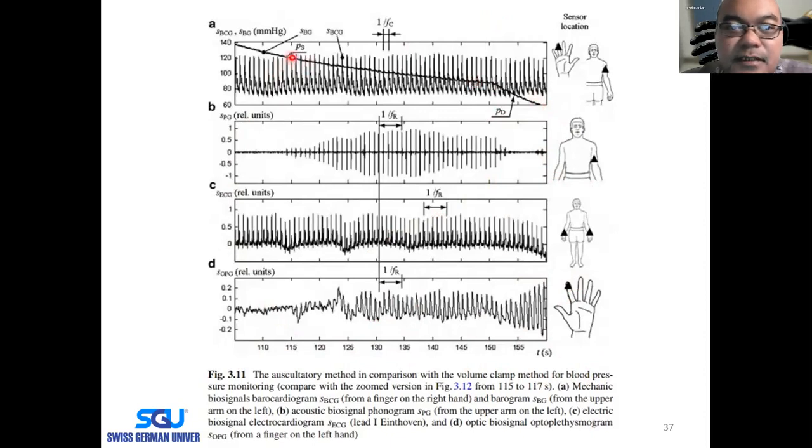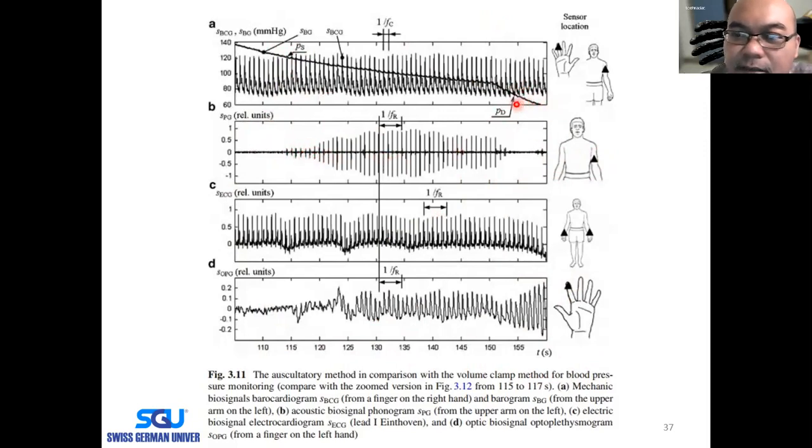So the systolic pressure occurs like this. If we are using the auscultatory method, the PS occurs here, exactly when, if we use a stethoscope or phonocardiogram at the brachial vessel, the blood starts to flow, when there is sound here.